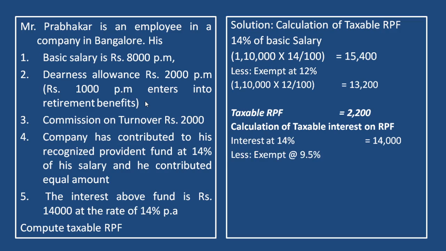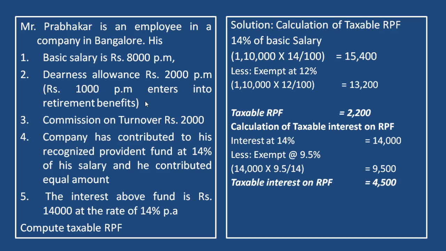How much will come at 9.5%? 14,000 into 9.5 divided by 14. So for 14%, 9.5% equals 9,500. The remainder is taxable. Taxable interest on RPF equals 4,500.